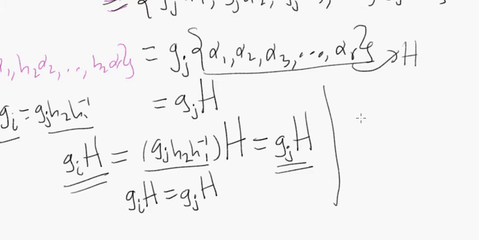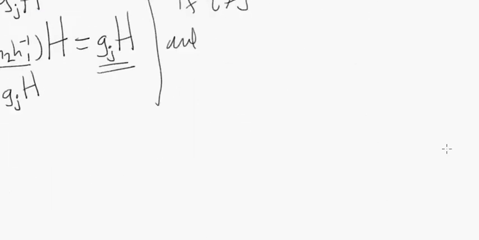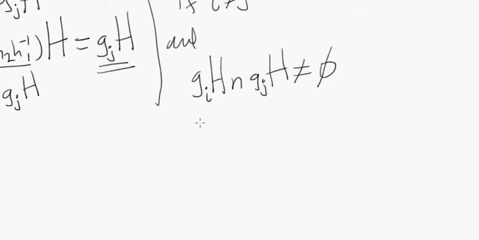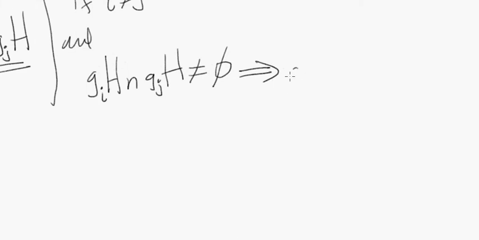So we're saying that if i does not equal j and the intersection of the cosets GiH and GjH is non-empty, then we can conclude the following. This implies that GiH actually equals GjH. GiH and GjH are basically the same coset.